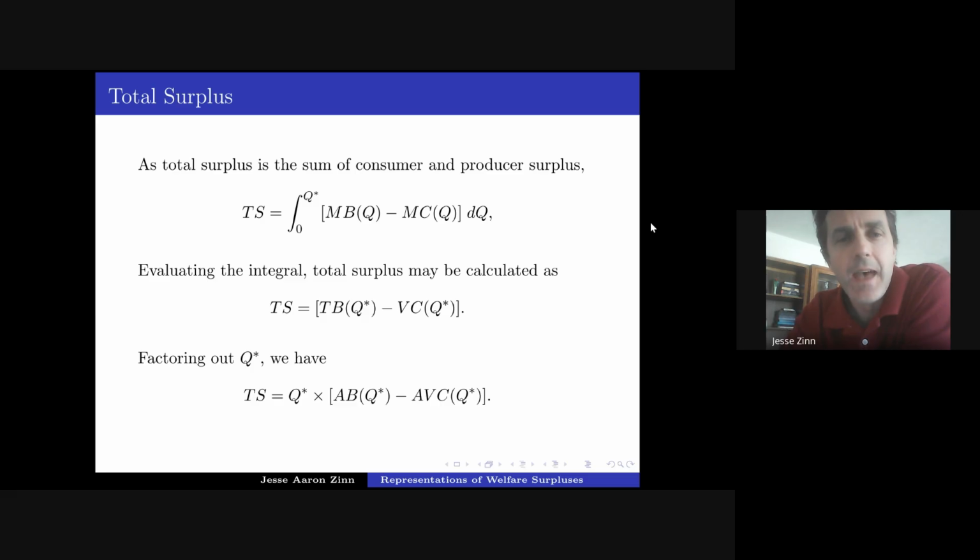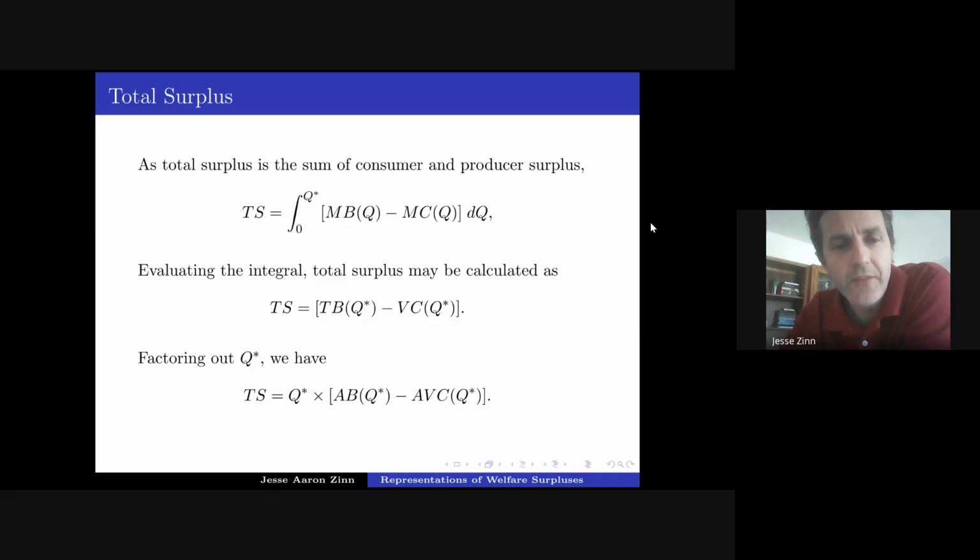That tells us that, assuming quantity supplied equals quantity demanded, ignoring maybe imports or exports or other phenomena where they're not necessarily equal, if we evaluate that integral, then total surplus may be calculated as the total benefit that consumers receive at the market quantity minus the variable cost of producing that quantity of the output.